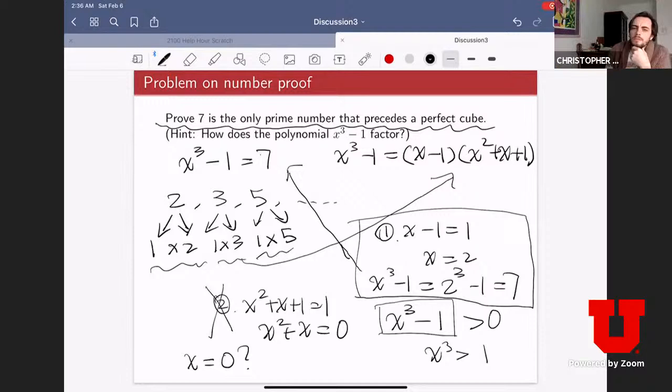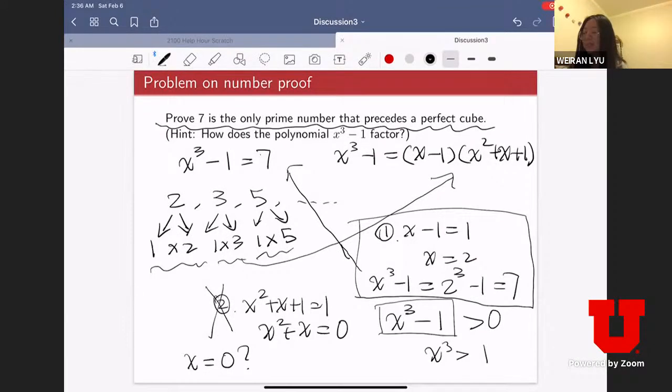So I wonder, maybe this is too weak, but I'm wondering if just your factorization would prove that x cubed minus 1 would be a prime, because you can't factor the right term any further. Maybe that's wrong though. Yeah, I see what you're saying.